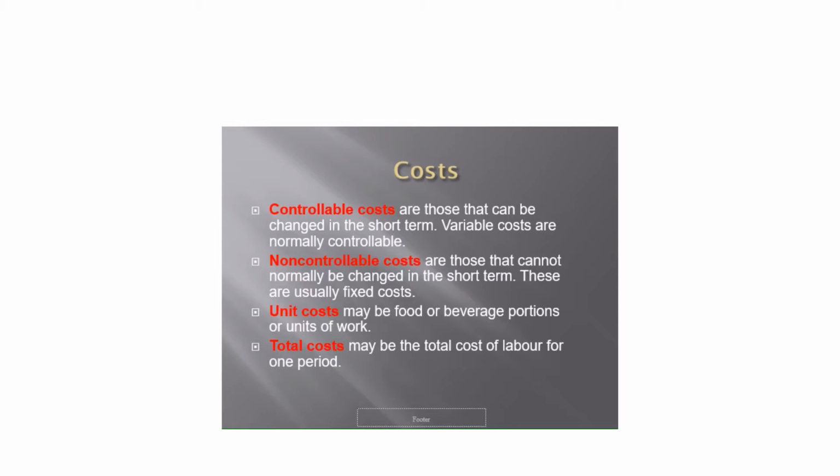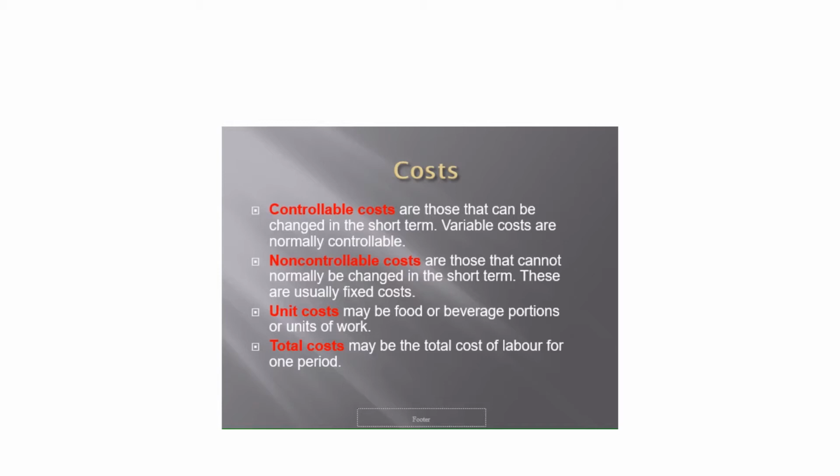For instance, if we know that we're about to have a blizzard outside, we can logically justify that we should use less labor and we can call people off. By calling people off, we don't incur that cost in our labor, so we can say that we controlled that cost, as it is a controllable cost. So most variable costs actually fall into this category.